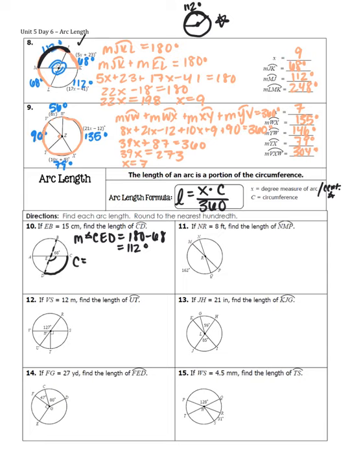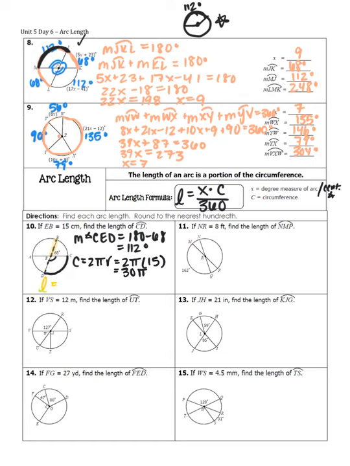Now we need to find the circumference. The circumference is equal to either 2 pi r or pi d. They give us EB, the length of EB, which is a radius. So we're going to go with 2 pi r, 2 pi times 15, which is 30 pi. Okay, now we're going to find the measure of that arc length.